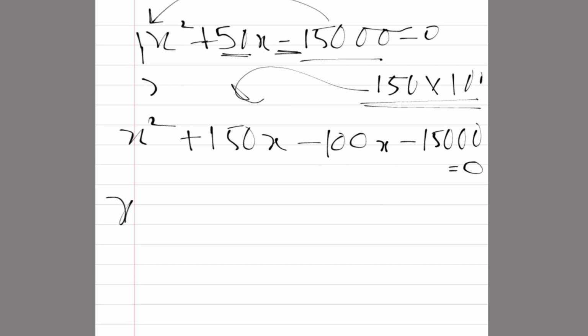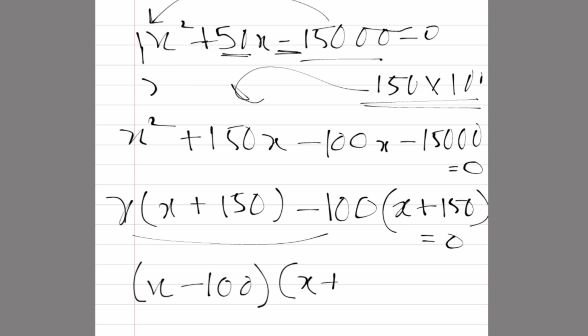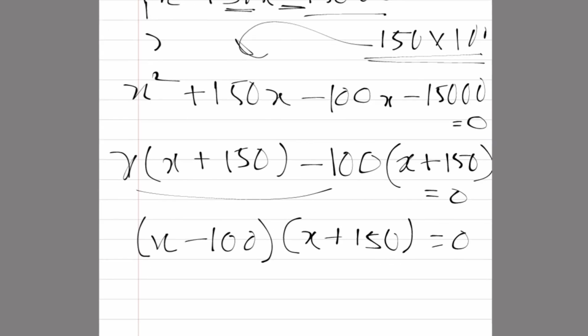Now we will take the common terms here, that is x into x plus 150 minus 100 into x plus 150 is equal to 0. Taking this together and this other bracket, that is x minus 100 and x plus 150 is equal to 0.